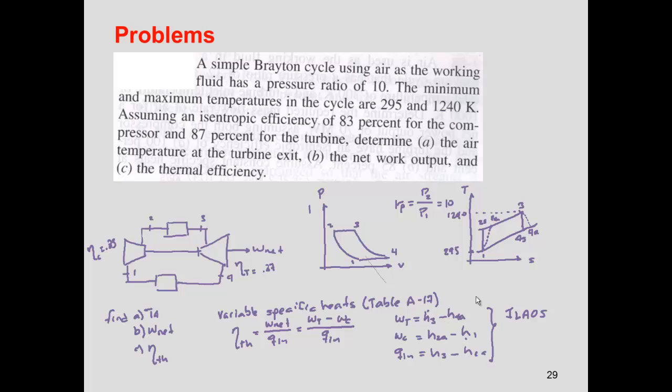So in order to find them, we're going to use our usual relations of efficiency of the compressor to be H2s minus H1 over H2 actual minus H1, and the efficiency of the turbine to be H3 minus H4 actual over H3 minus H4s.